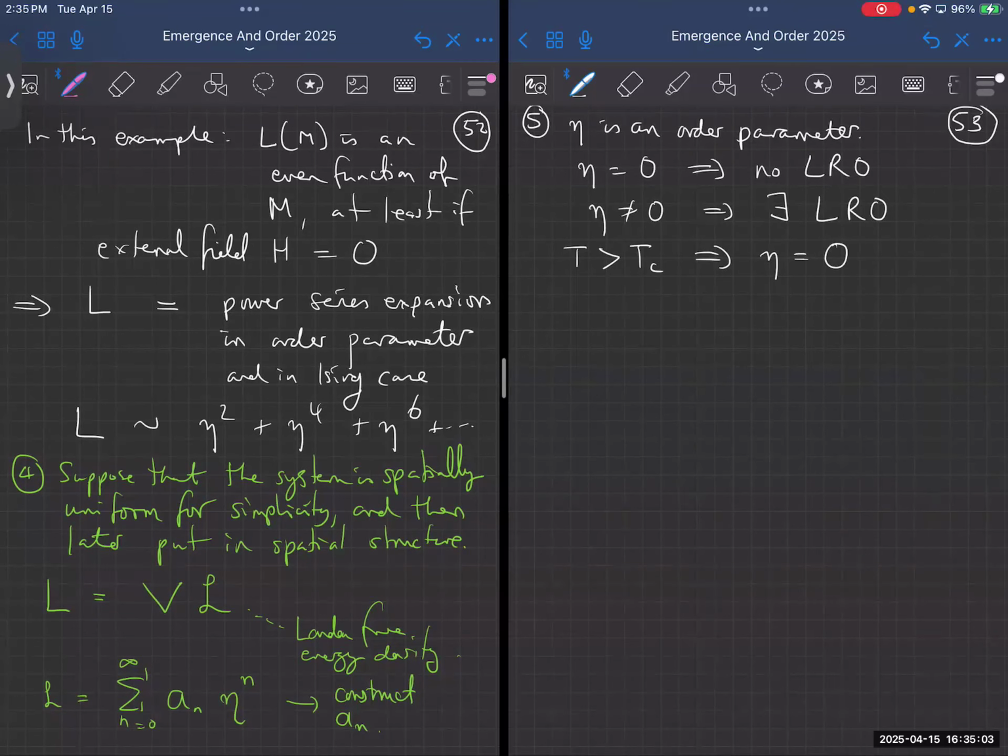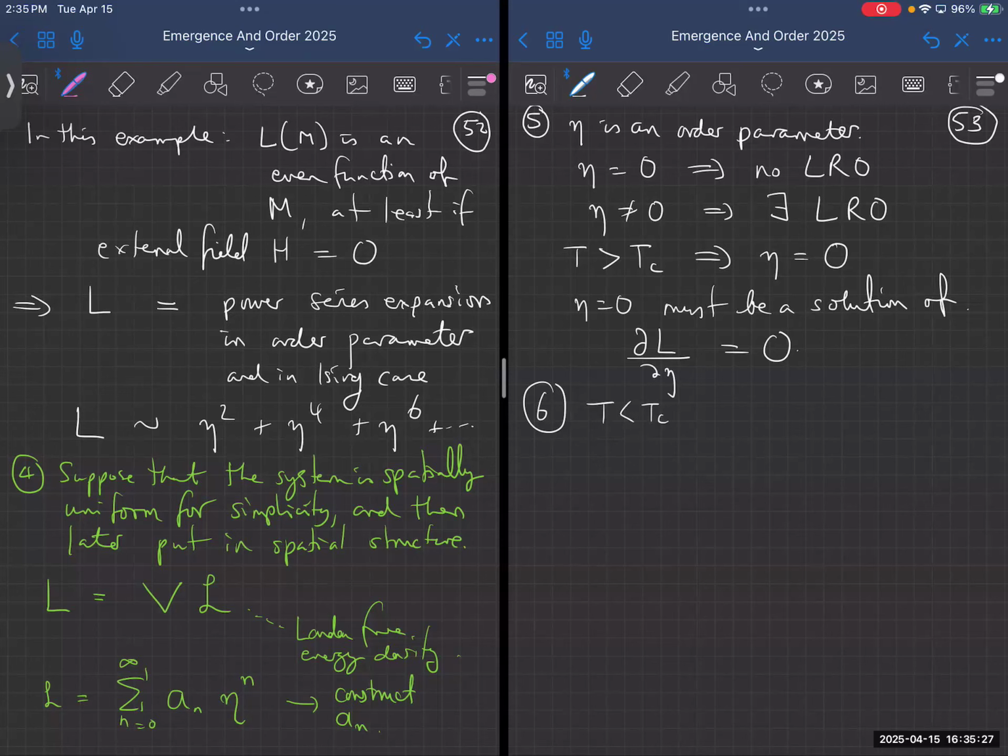So eta equals 0 must be a solution of dL by d eta equals 0. Okay, and we'll see what that means in a minute. And then below Tc, we know that eta should be non-zero.